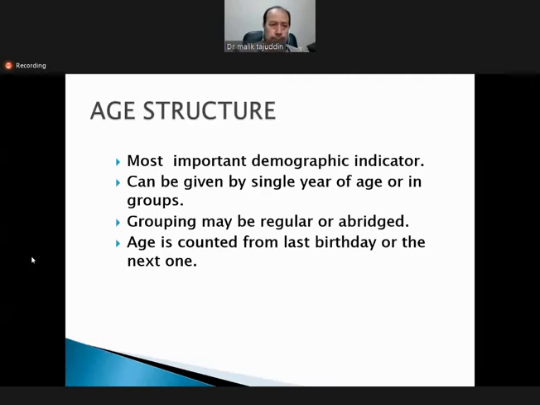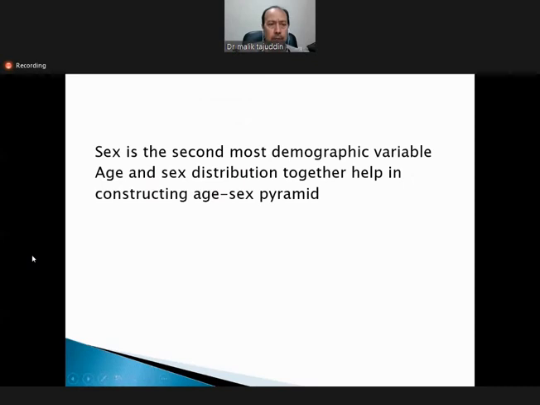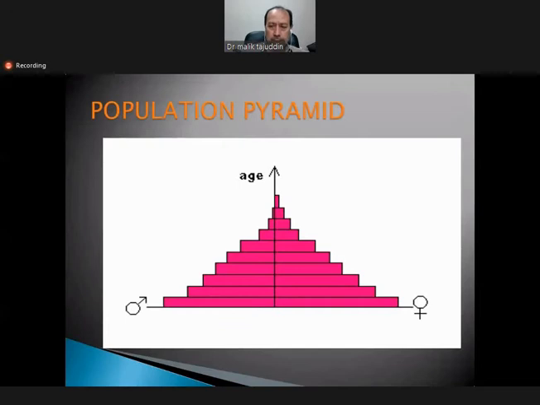So sex is another most important demographic variable, and age and sex distribution together help in constructing the age-sex pyramid, the population pyramid, or it may also be called the age-sex pyramid.